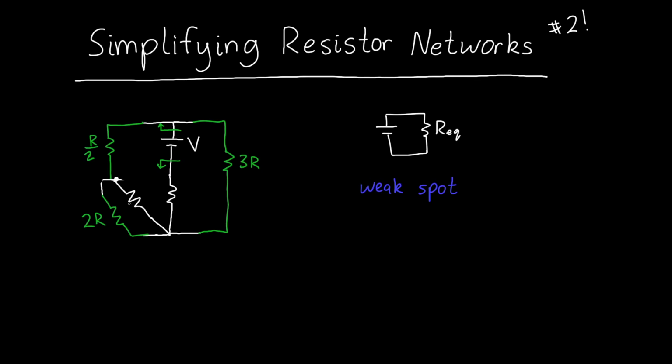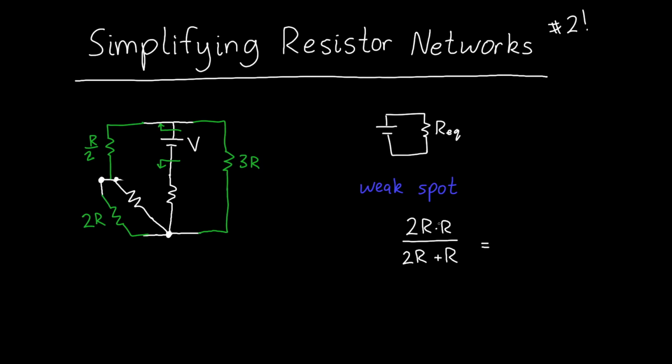And now that we did that simplification, it looks like this resistor of value 2R and this resistor of value R are also in parallel because they're connected at this end and they're connected at this end. If I want to add them in parallel, because there's only 2 of them, I can just use the formula 2R times R divided by 2R plus R. So that's R1 times R2 divided by R1 plus R2.